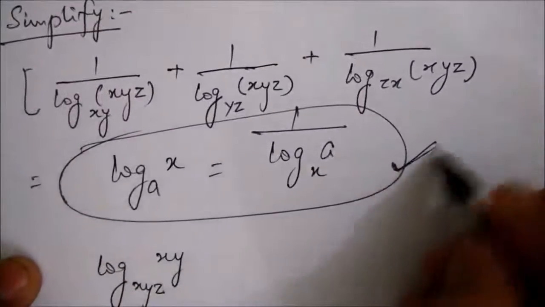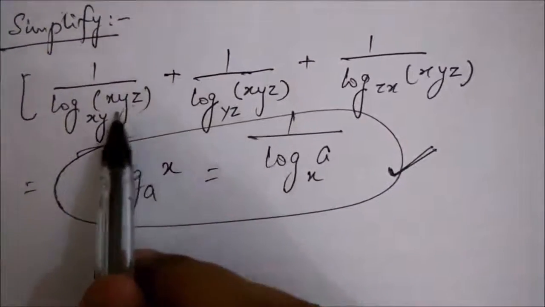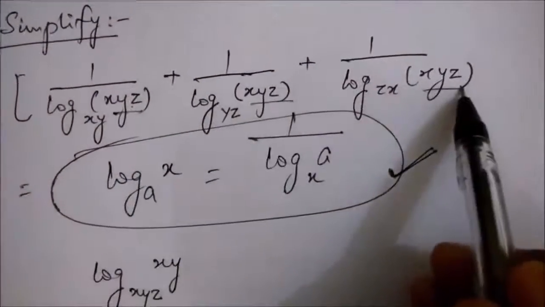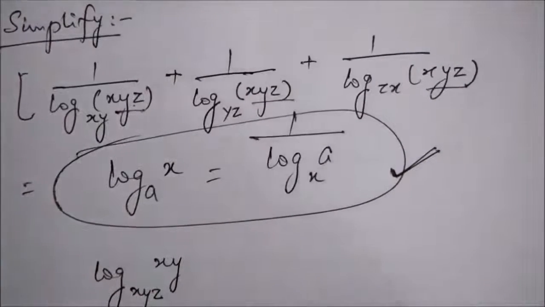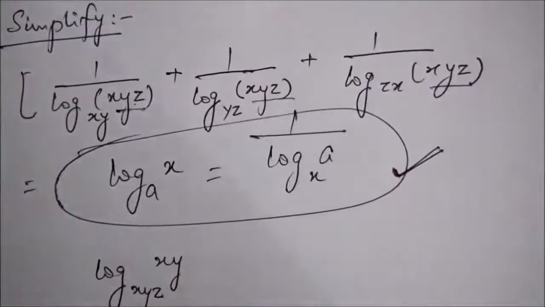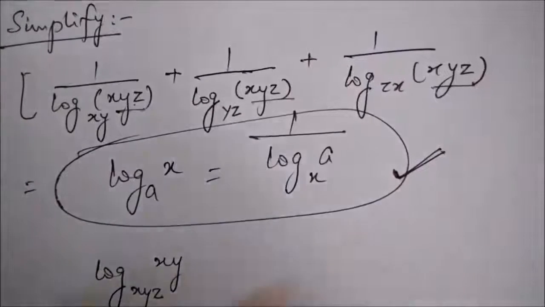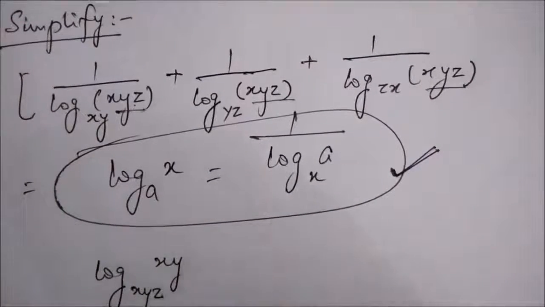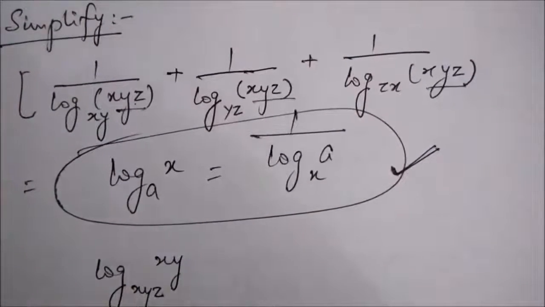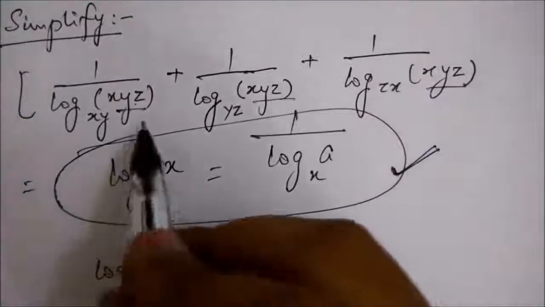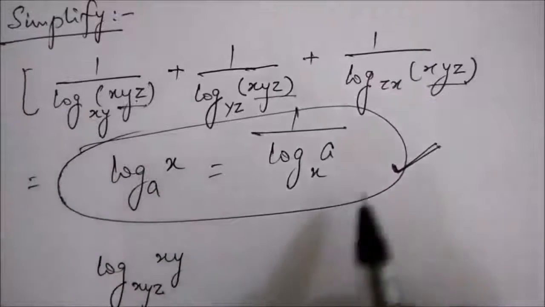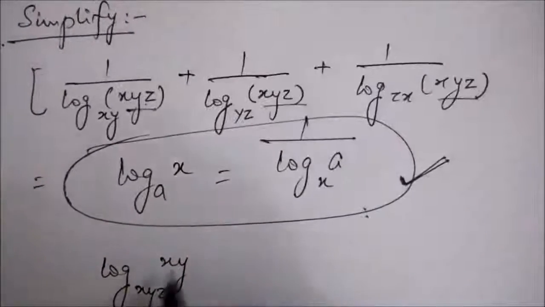Why have I chosen this property? Because it's very obvious that we have got xyz, and the one thing that we need to consider is that we should try to keep the base same always, because all the properties that we saw only apply when we have got the same base. So I'm just trying to keep the base same. Therefore I used the above formula and wrote the same equation.